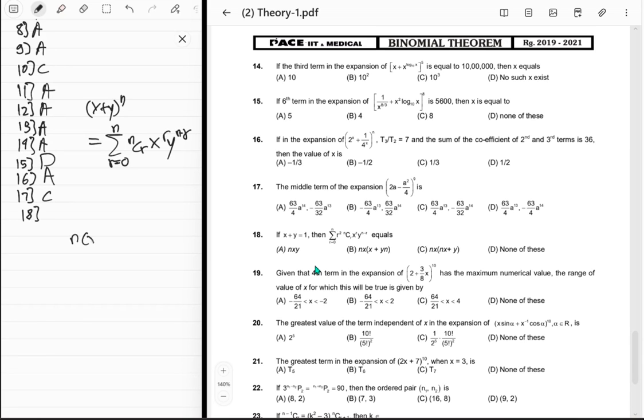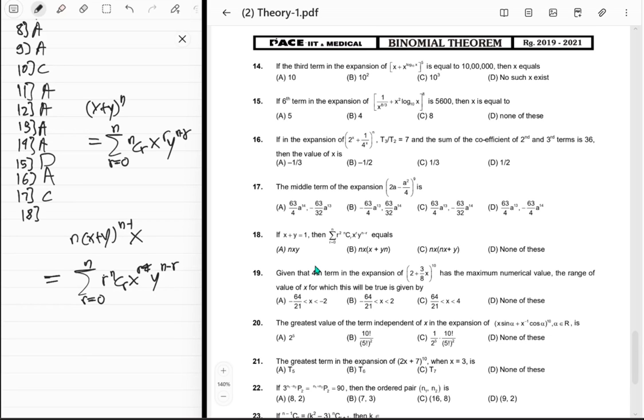That will just be n times x plus y to the power of n minus 1 is equal to summation from r is equal to 0 to n of r nCr x power r minus 1, and then y power n minus r. And then just multiply by x once again.